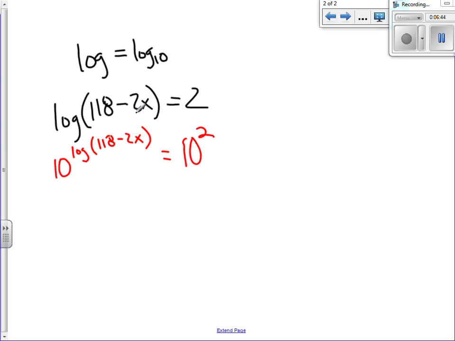So these things on the left and on the right became exponents. The 10 and the log base 10 go bye-bye. 118 minus 2x equals 100. And what are we going to do now to get x by itself? We're going to subtract 118 from both sides.